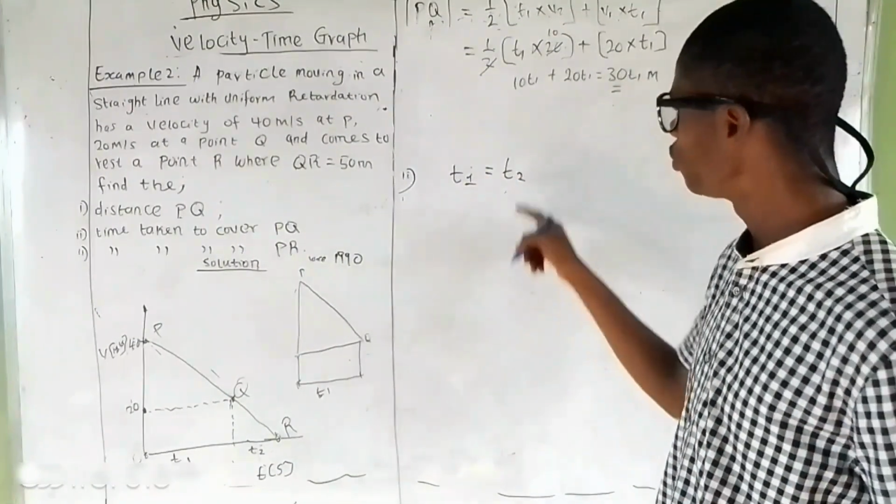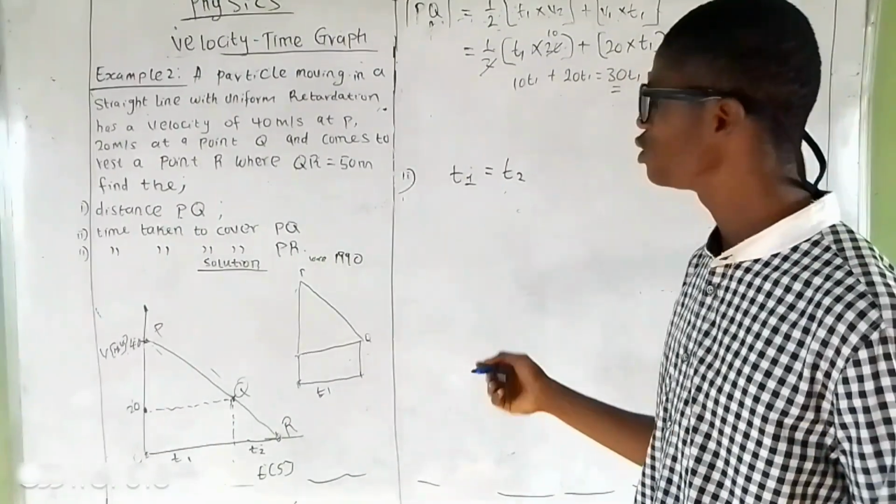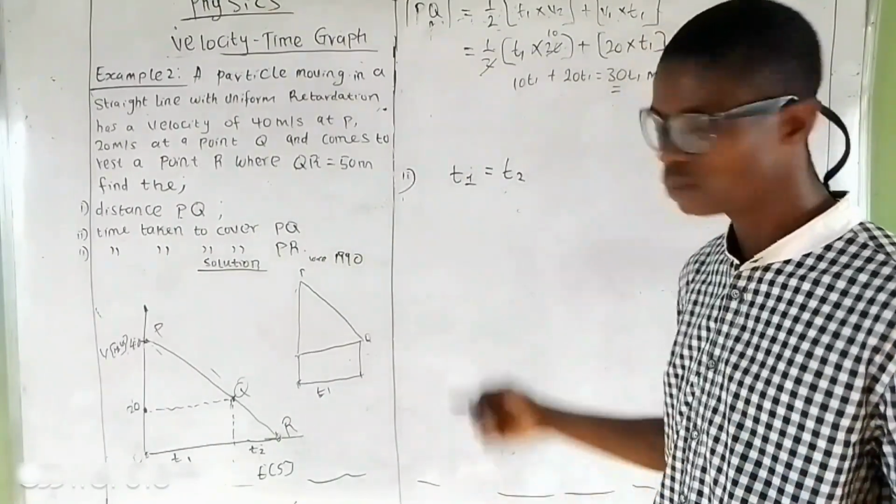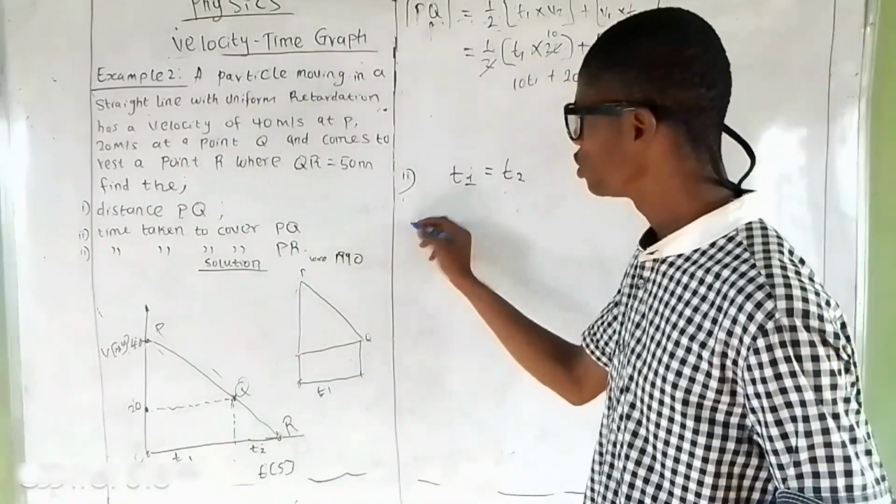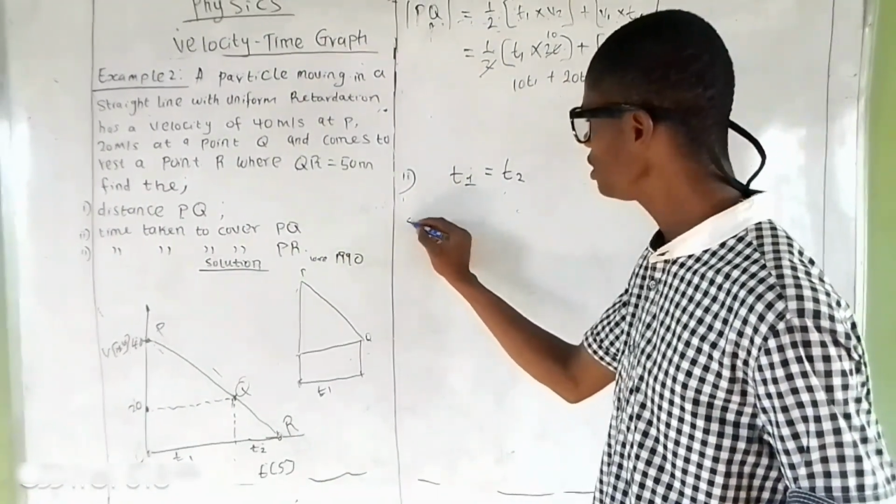So now what do we need to find? T2. When we find T2, we will equate it to T1. So let's move on.